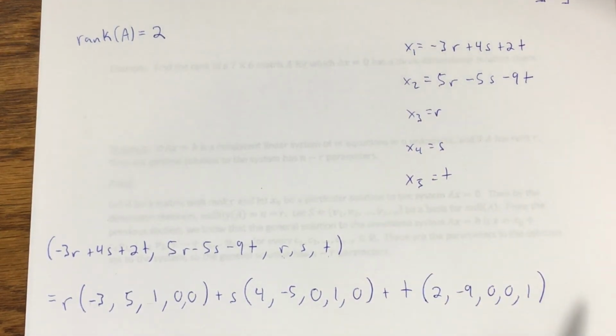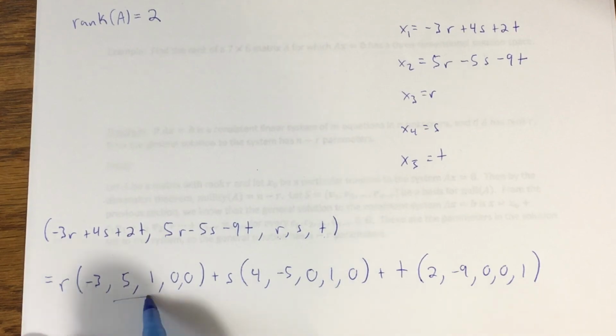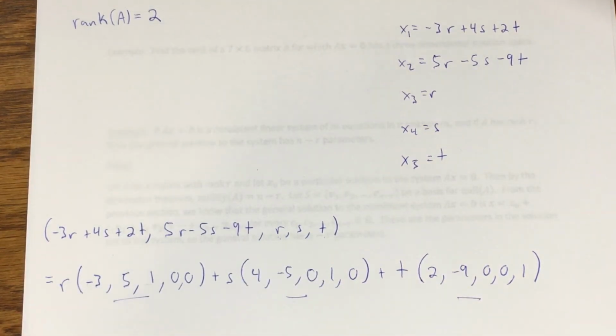Okay, now this is me representing my solution set, my general solution for my homogeneous linear system, as a linear combination of three vectors. And I've mentioned this before, but anytime you do this process, these three vectors are guaranteed to be linearly independent. It always comes out that way.